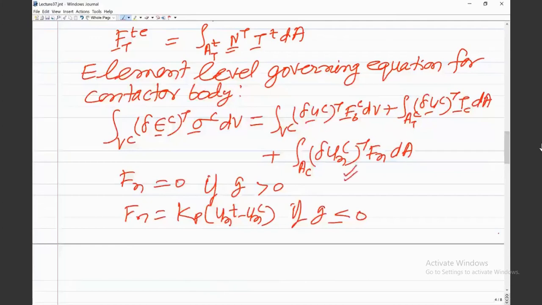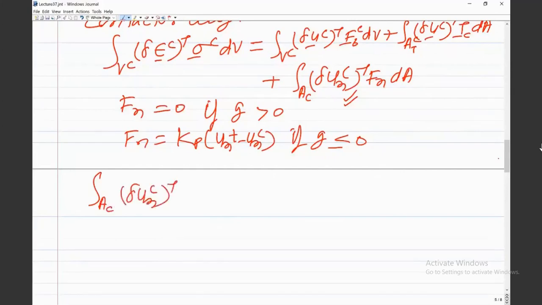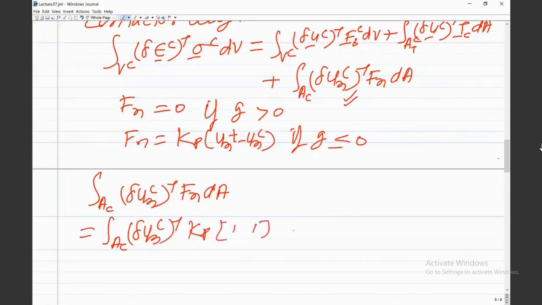So I will just discuss how to rewrite this last term in the virtual work, the integration over the contact area of delta UNc transpose into Fn dA. This can be written as integration over Ac of delta UNc transpose, and Fn can be written as Kp, and then I'm introducing the same vector 1 1, into UNt minus UNc dA.